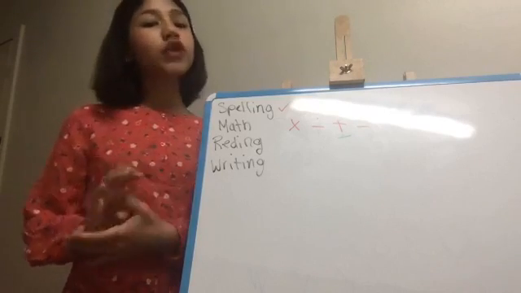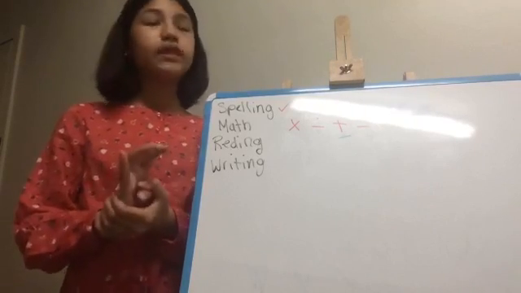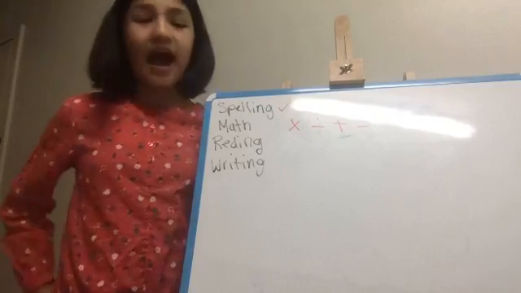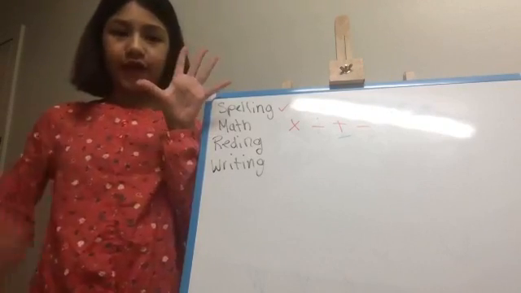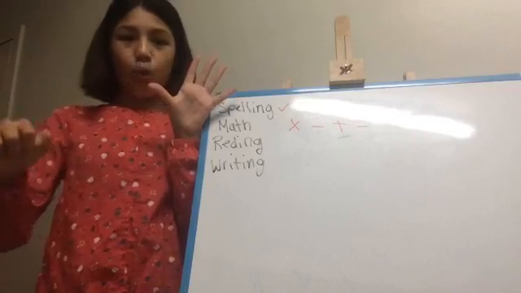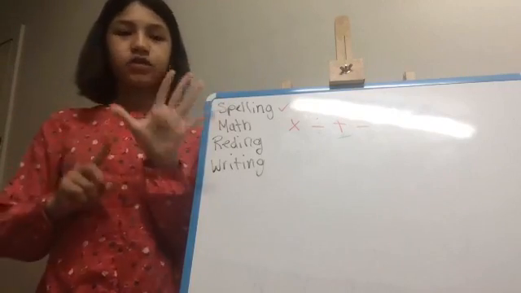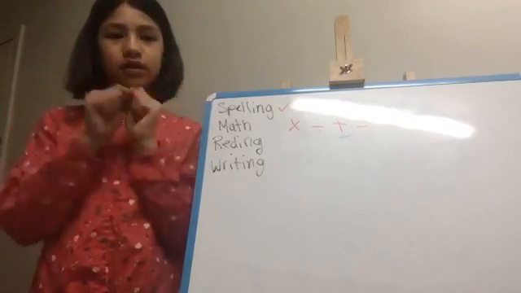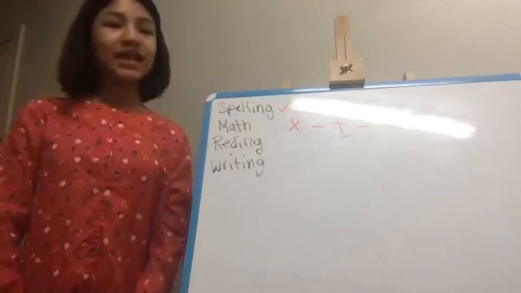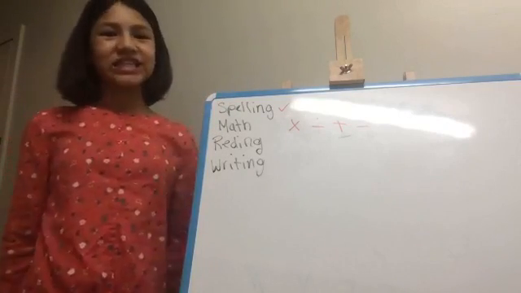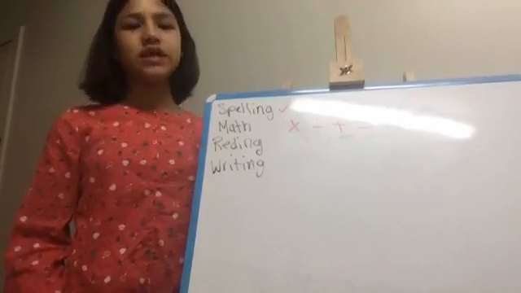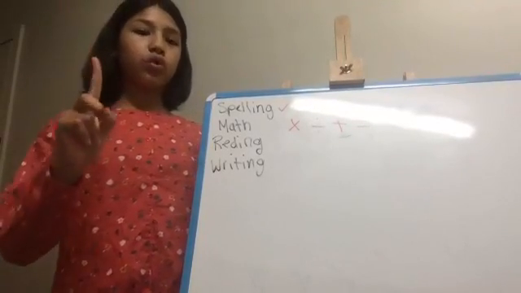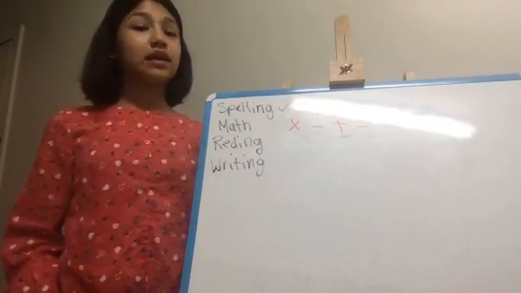How many more cookies does Emily need to get 6? 5 plus 1 equals 6. That would mean 1, sorry. She would need 1 more cookie to get 6.